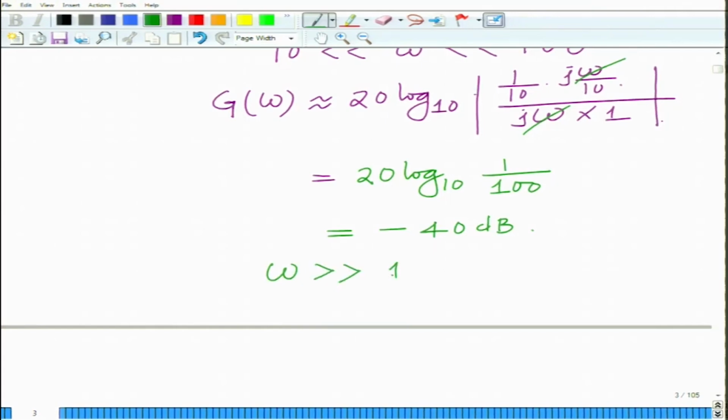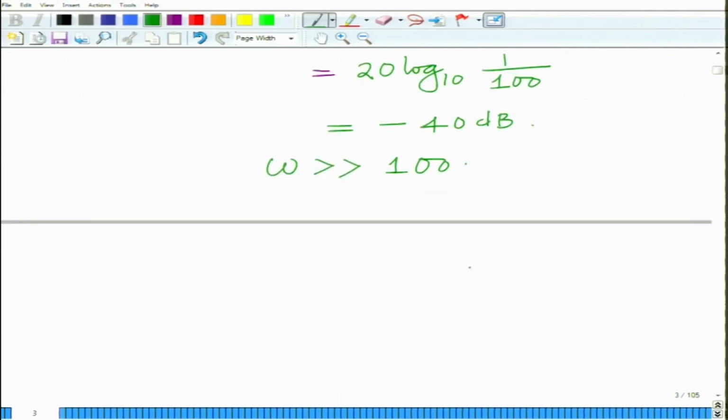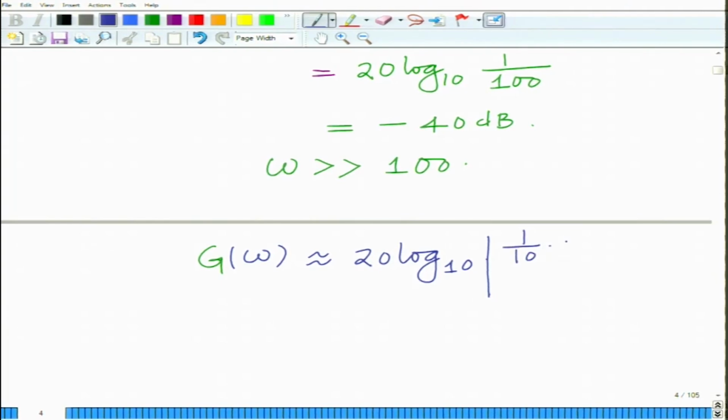And then finally, when omega is much greater than 100 radians per second, you have g of omega approximately equal to 20 log to the base 10, 1 over 10, 1 plus j omega over 10 is approximately j omega over 10, times 1 plus j omega will be j omega, times 1 plus j omega over 100 will be j omega over 100.